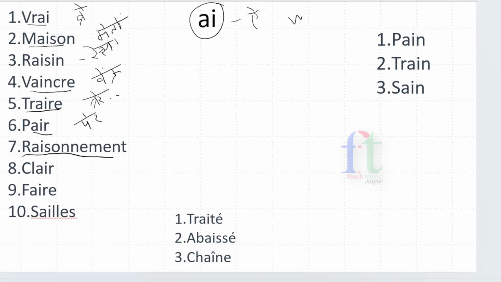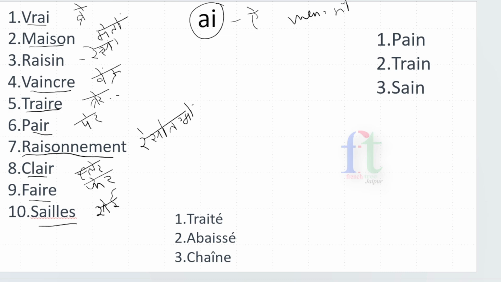We know ment is more. So raisonnement. Clair, fair, fait. Got it? So AI is A always.